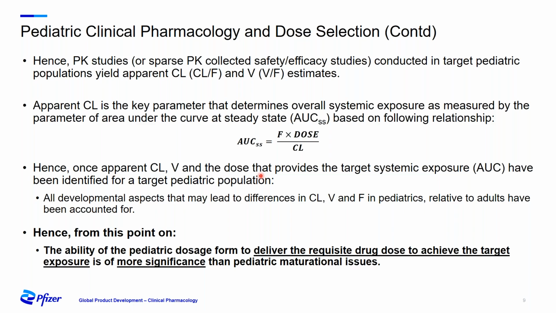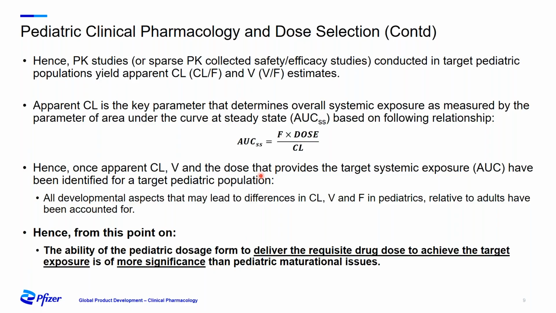The apparent clearance is the key parameter that determines overall systemic exposure as measured by the area under the curve at steady state, AUCSS, as is typically represented, and that relates to bioavailability, dose, and clearance by the equation provided.